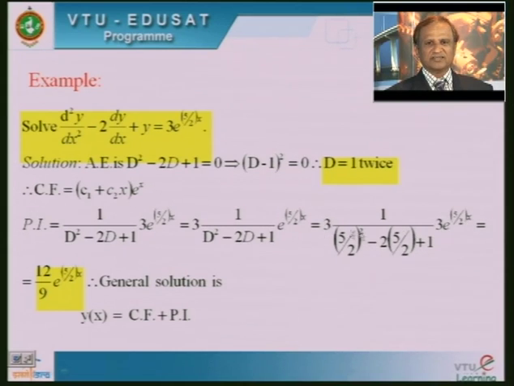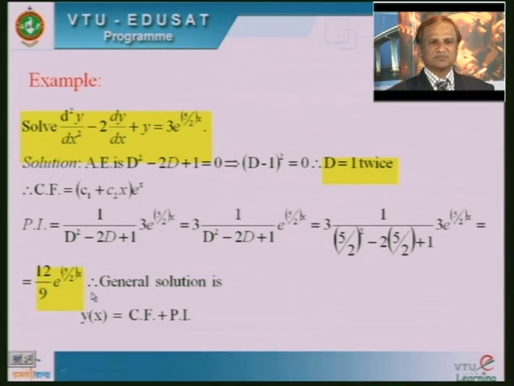I have written 3 two times, so you should not write 3 two times, it should be e to the power 5 by 2 x only. Is it clear? Right. And I have to simplify (5 by 2) whole square minus 2 into 5 by 2 plus 1. After simplification, I can obtain 12 by 9 times e to the power 5 by 2 x as the particular integral of the given differential equation.